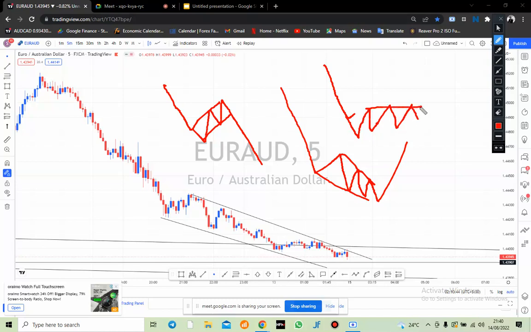Most of the time this kind of pattern is still a continuation pattern, but if you see a falling wedge pattern, it's a reversal pattern.